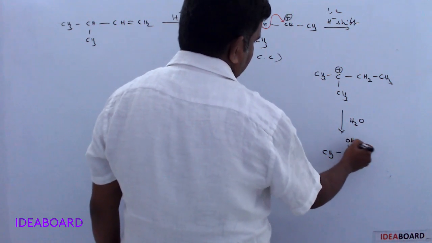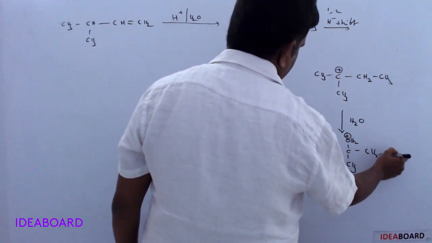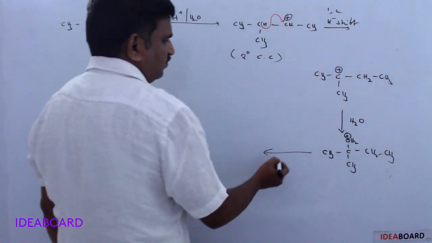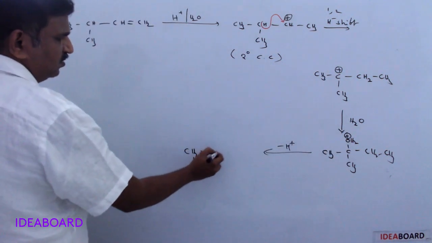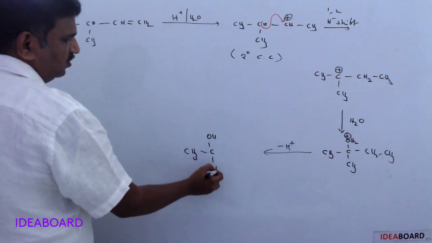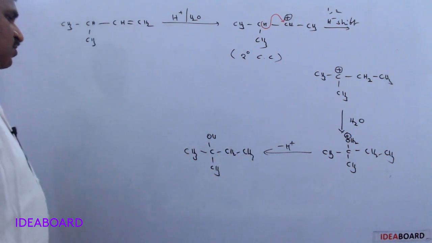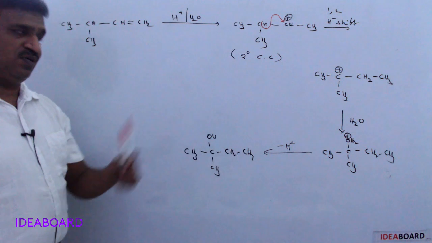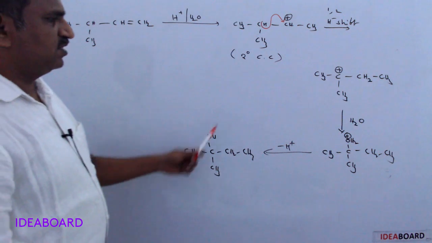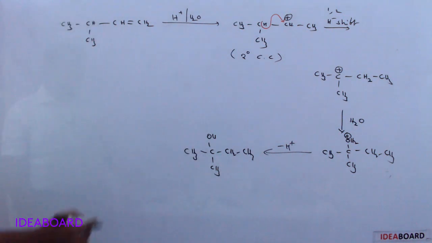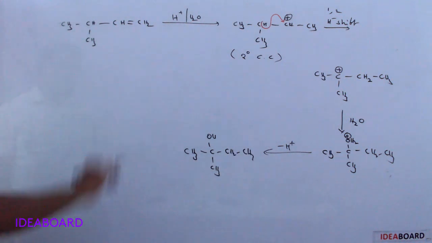CH3, C, OH2 plus, CH3 and CH2, CH3, and after the removal of a proton from this H2O, it gives CH3, COH, CH3, CH2, CH3. So this is 2-methyl 2-butanol. If you take this compound, then we get 2-methyl 2-butanol as the main product. This occurs through a 1,2 hydride shift, which is the rearrangement process.